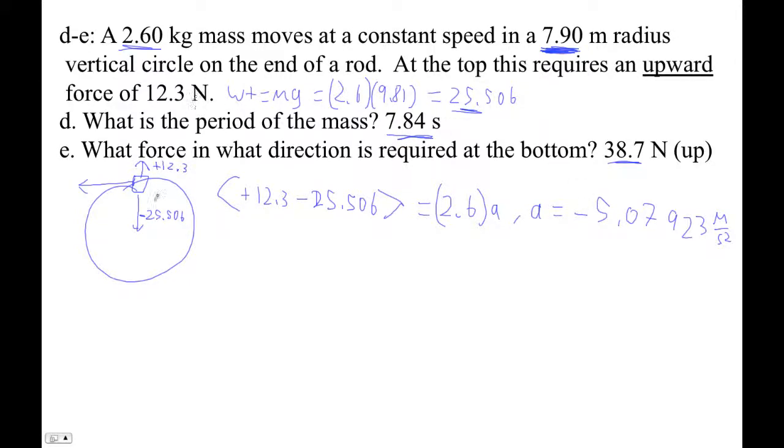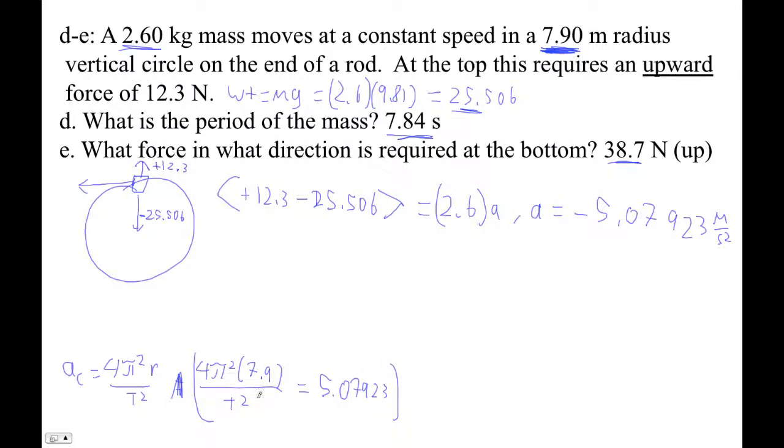Now we want to figure out the period. To figure out the period, we're going to use the formula: centripetal acceleration is 4 pi squared r over T squared. So that's 4 pi squared times the right radius, 7.9, over T squared, which we don't know, and that equals 5.07923.